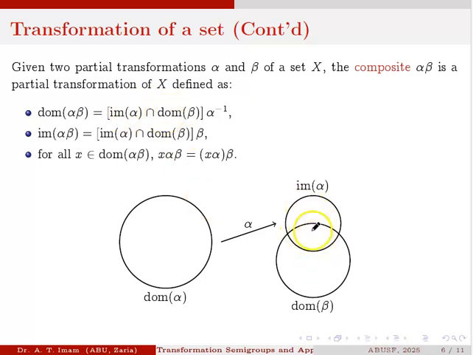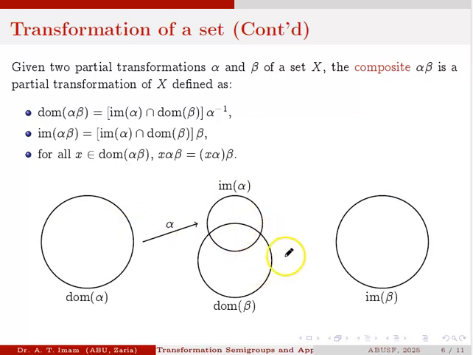Once you have this intersection, every element in the intersection here will have a pre-image. And beta is going to map its domain to the image of beta. If you pick an element in the intersection here, it is already an image of an element in X. So every element here is x alpha, and that x is coming from the domain of alpha.